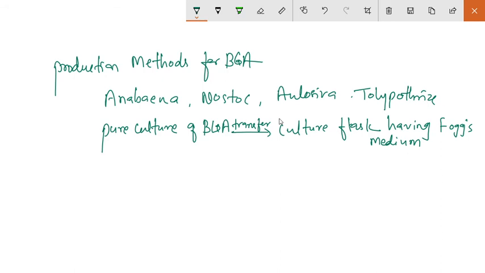And it is provided with the sufficient light.